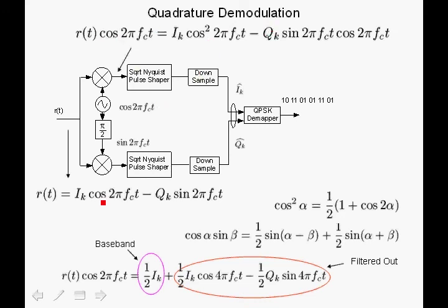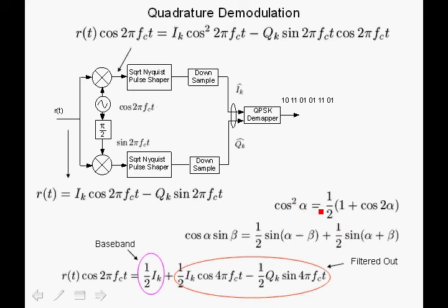So we get the cosine squared plus sine 2 pi fc t times cosine 2 pi fc t. If we look at this expression, we have the cosine squared of an angle, and we have the sine of the angle times cosine of the angle. So let's use these trigonometric identities. One is the identity shown over here, which is used quite often in communications.